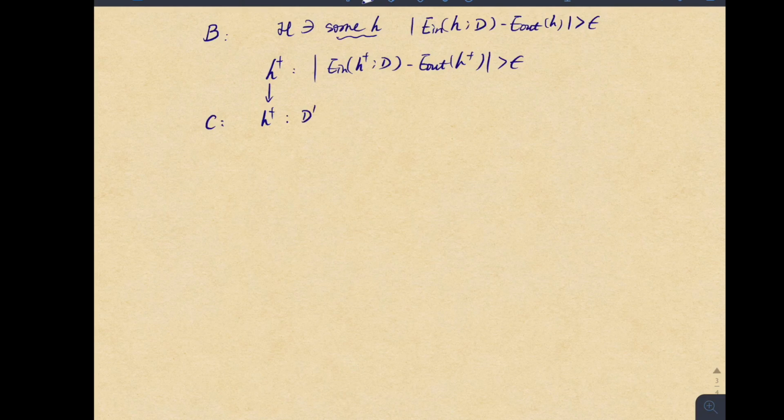We call it dataset D prime, and let the event C be that the in-sample error of H cross on D prime, the difference between this and the E out of H cross, is smaller than half of epsilon.